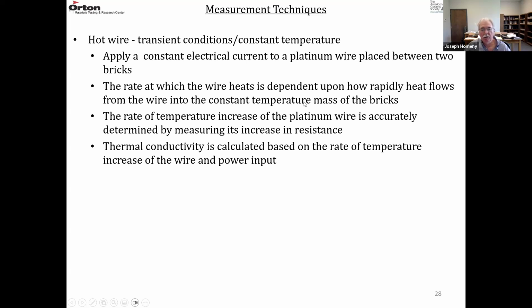So if the bricks are insulating, the heat flow is going to be slower than if they're highly conductive bricks. The rate of temperature increase of this wire is measured by measuring its resistance as a function of time. And then the thermal conductivity is calculated from the rate of temperature increase of the wire and the power that's input to the wire.